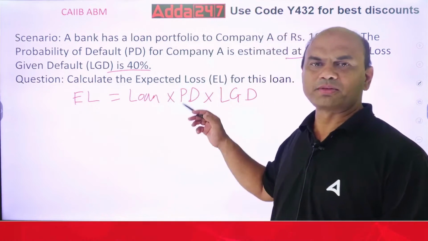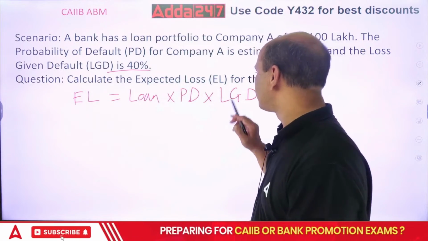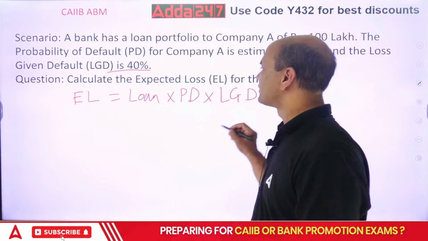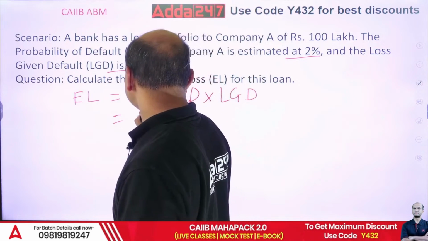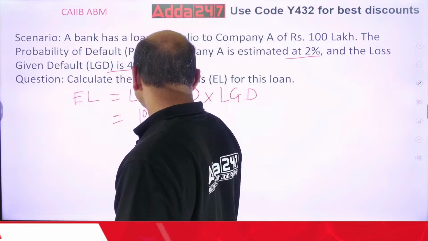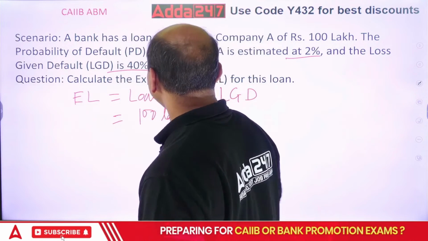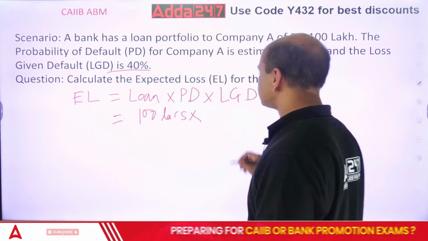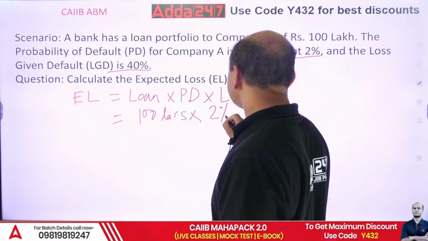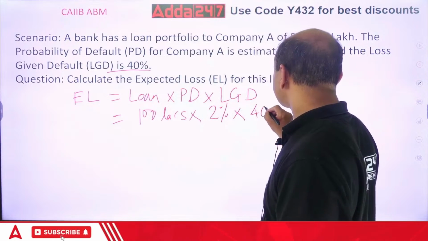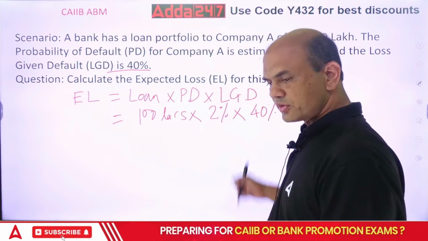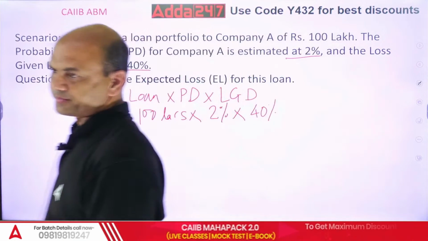Loan multiplied by probability of default multiplied by LGD. So that is equal to what? Loan is 100 lakhs, into probability of default, 2%, into 40%. So calculate it.